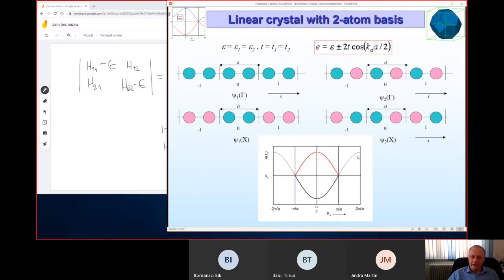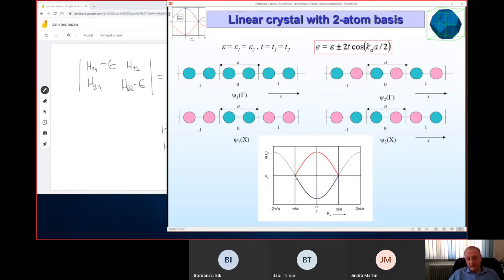And this means that the band dispersion for the original unit cell, which was half of the current unit cell, would look like this, but because we enlarge the unit cell, we have a twice smaller first Brillouin zone, and we just fold this part of the energies into the new first Brillouin zone.